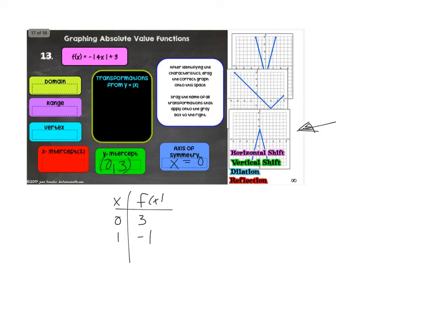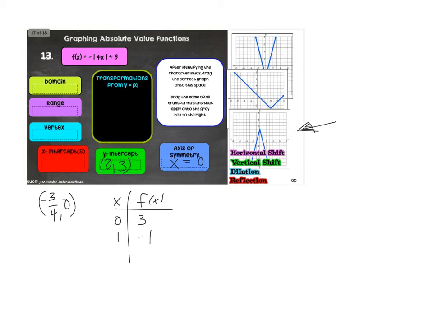The x-intercepts, this one's kind of tricky to see, but it looks like it's going down 1, 2, 3, 4, and over 1. So that would mean that it would only be a quarter. So the first x-intercept that I have is negative 3/4, 0.